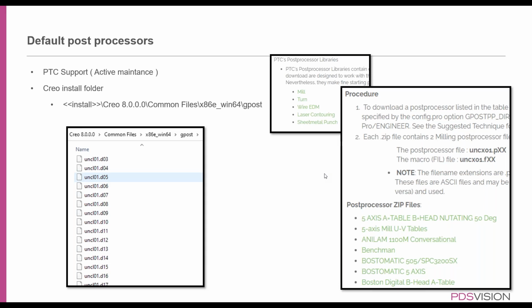Keep in mind these post processors are not tried and tested for those specific machines, so you still need to go and test them. Use them as a starting block. Maybe you'll need to tweak a few things. A lot of them have old FIL language in them, so those are things you need to be wary of.